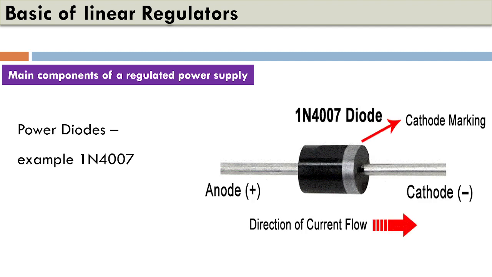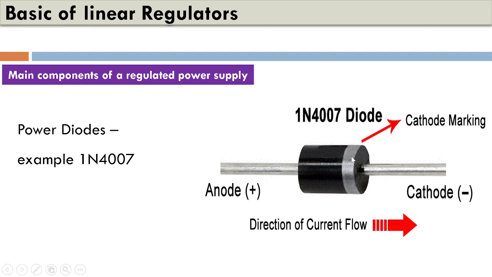The next part is the power diodes. When we are talking about power diodes, these are general purpose power diodes and generally used in all the circuits. And the example is 1N4007.